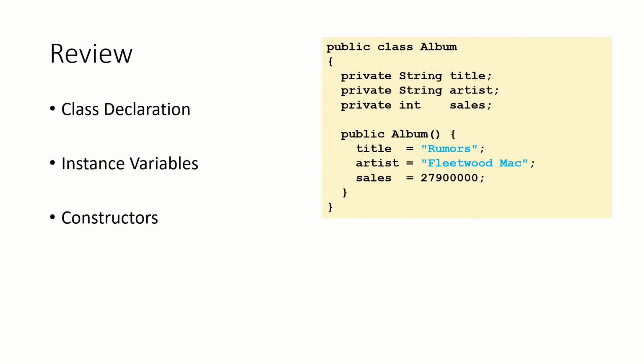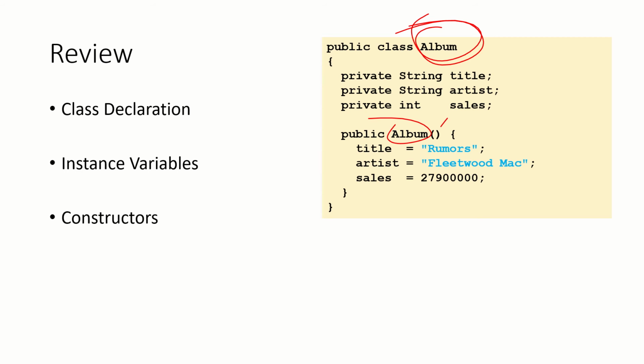Then we know how to declare the constructor. The constructor has the same name as the class name, including the capitalization. Class name Album, constructor method Album, right?